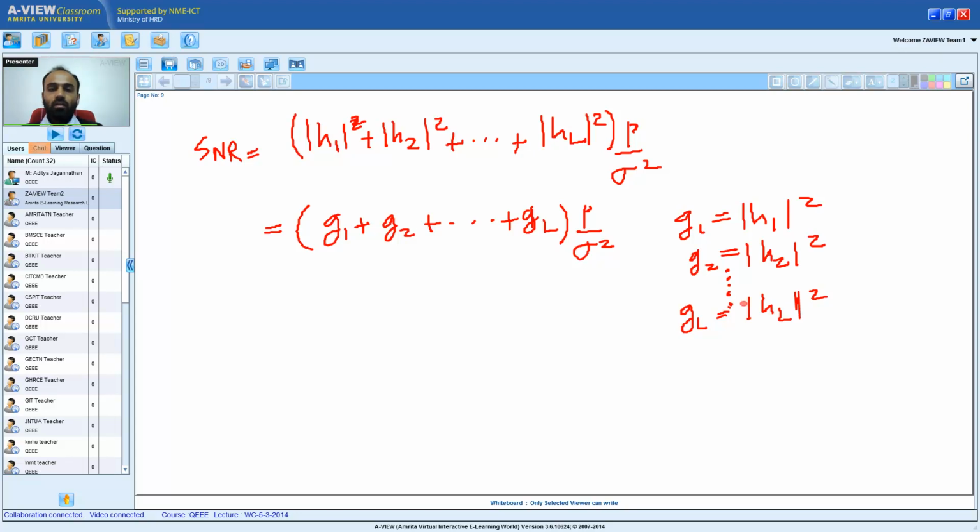Therefore now can someone tell me what is the bit error rate as a function of the channel gains? My question is, what is the instantaneous bit error rate?